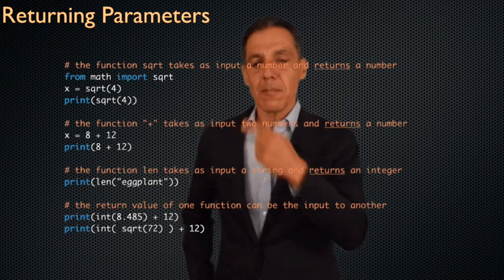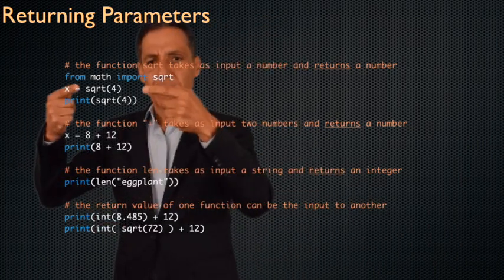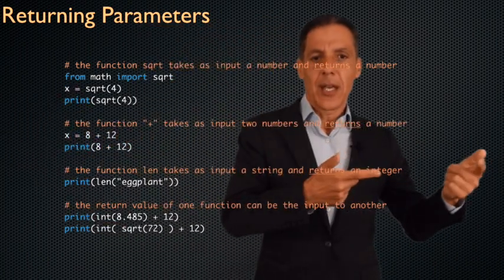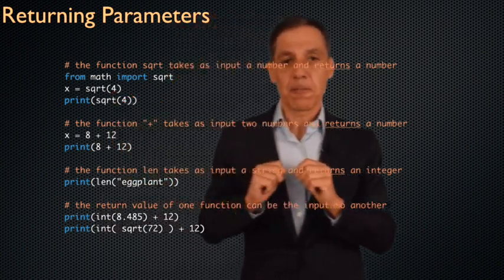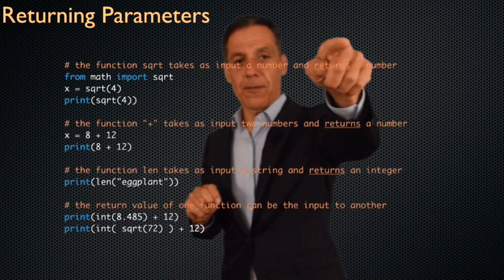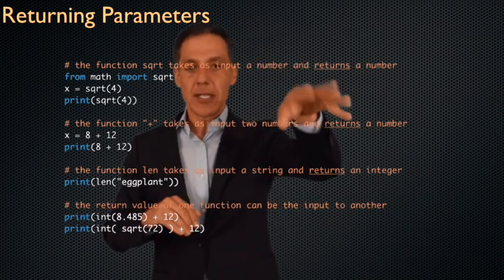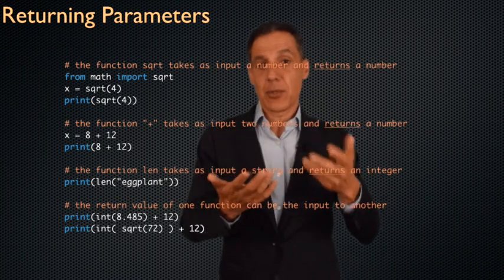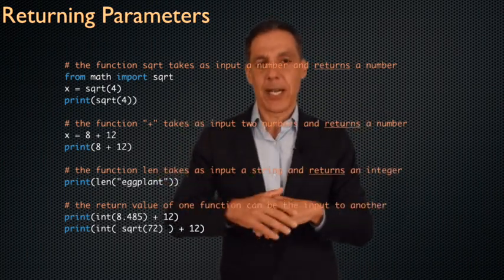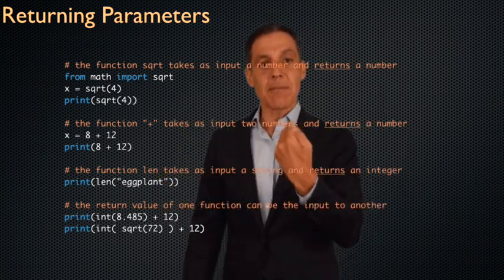What happens there is I call square root, I pass it a parameter, which is 4 right there, and into the function, somewhere in the inner workings of Python, the library math, is a function that computes square root. How does it do it? I don't care right now. It doesn't matter. It's going to hand me back a number.